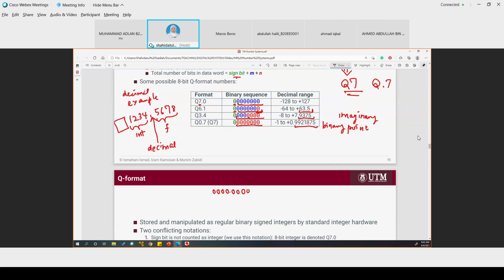In the hardware, we only see the number as regular binary, or sometimes we call it natural binary. If it is signed, we say regular binary signed integers. If it is unsigned binary, we call it natural binary. Your hardware doesn't know that your integers have a sign.